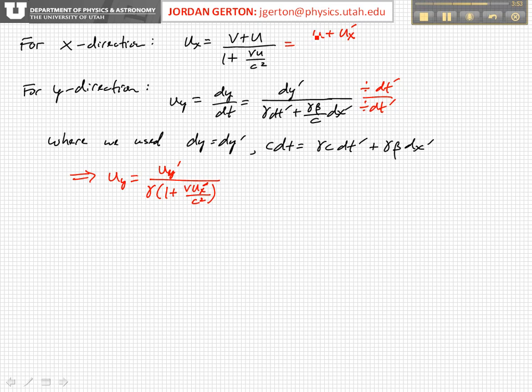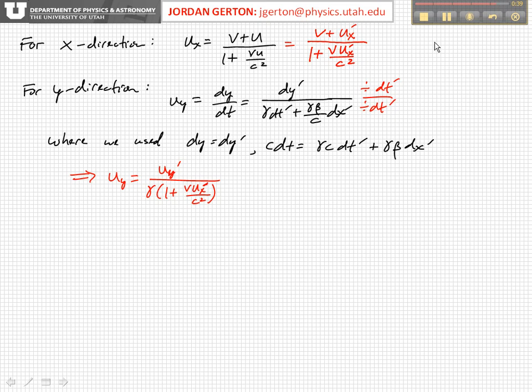I've rewritten this expression for the x direction more generally, since now we're considering the case when the velocity of the ball in the primed frame can be in any direction. So the person can throw it in any direction, and so we have to remember that we divide this into components.